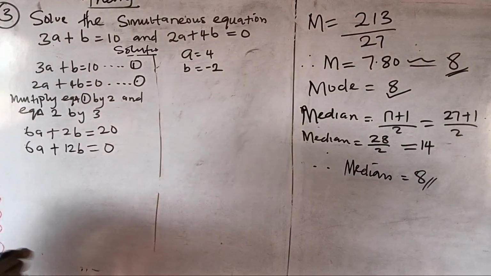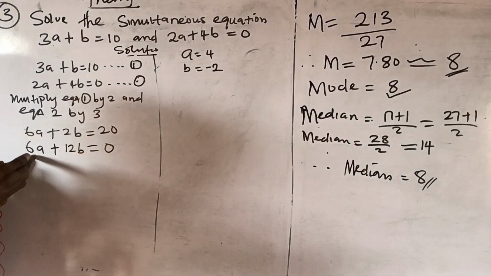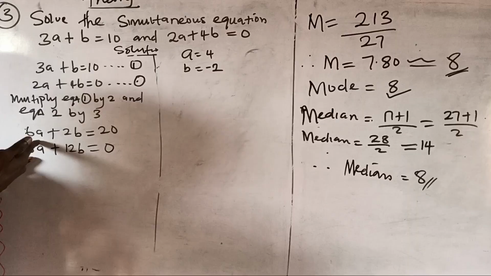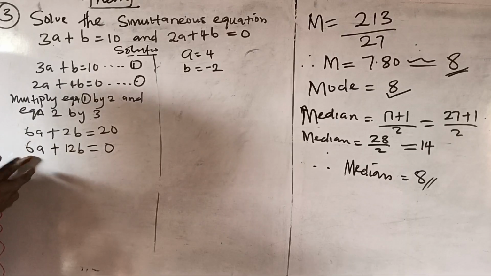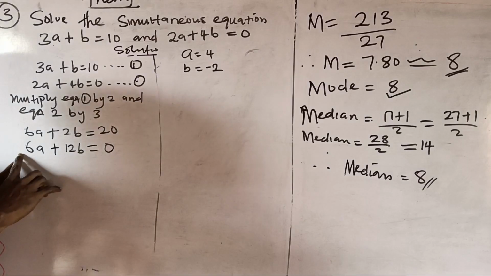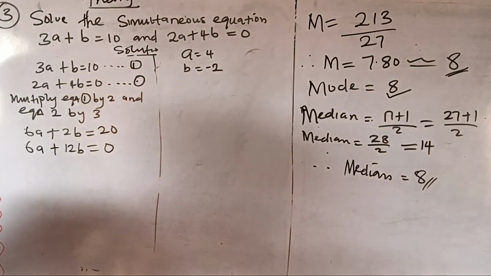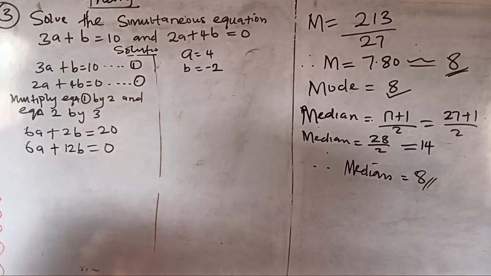So right now, look at the equations. They are this first equation and second equation. If you check the a coefficient, they are the same. So what do here? I'm going to subtract equation 1 from equation 2 so that I will get the first unknown before going further for the second unknown.